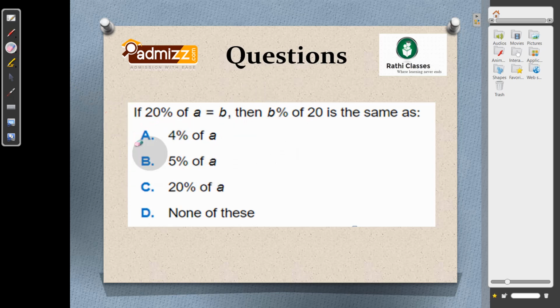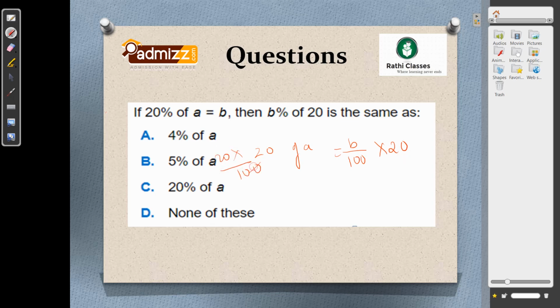Hope this is clear. Or you can even analyze 20% of A equals B. You just need to see what you want. You need B percent of 20. So in order to make B percent, I need to make on the right hand side B by 100, which will give me B percent of 20, that is into 20. This is 20% of A. So in order to make it B, I need to again multiply by 20 by 100.